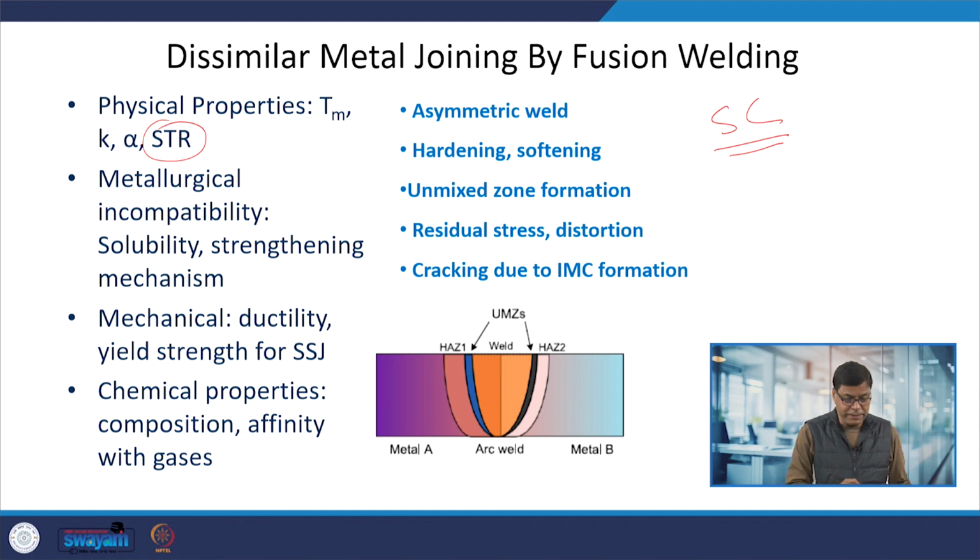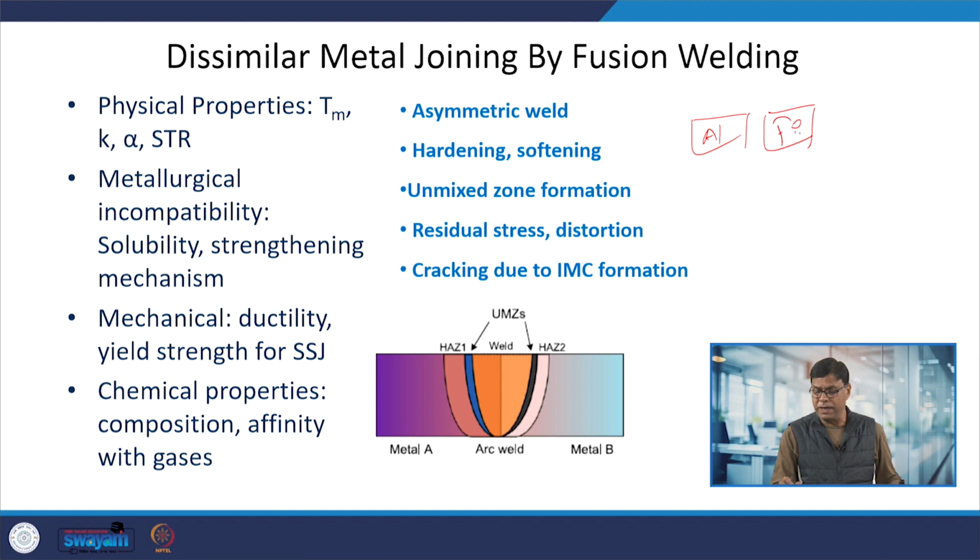Metallurgical incompatibility is another major issue, especially when the metals are completely different, like aluminum joined with steel. They are not really compatible with each other because of limited or nil solubility.